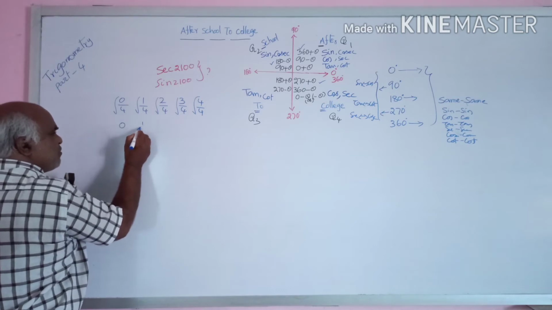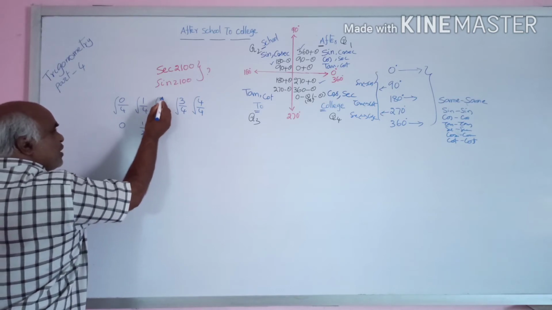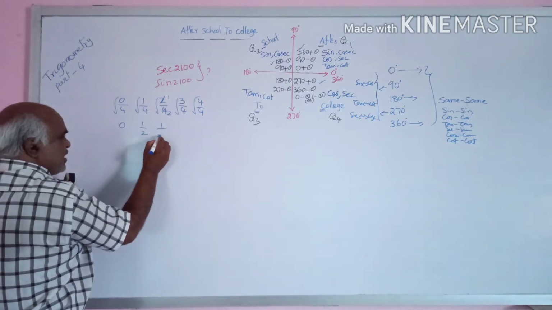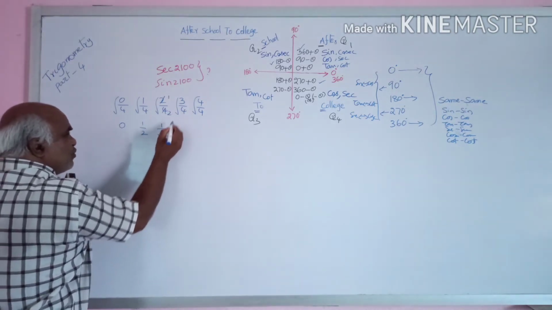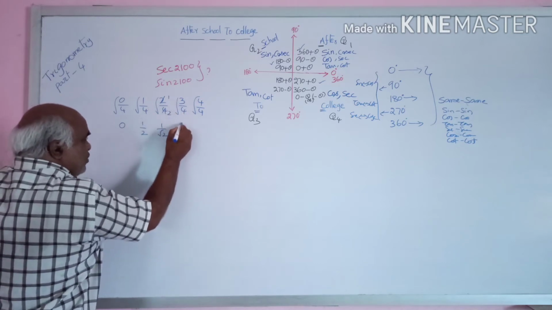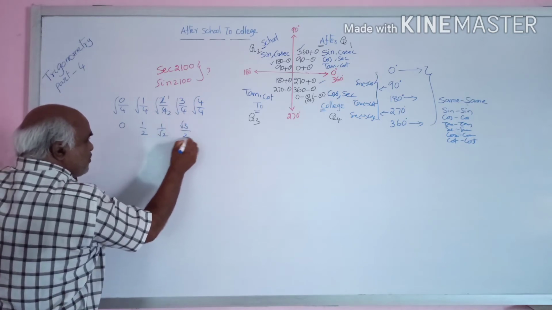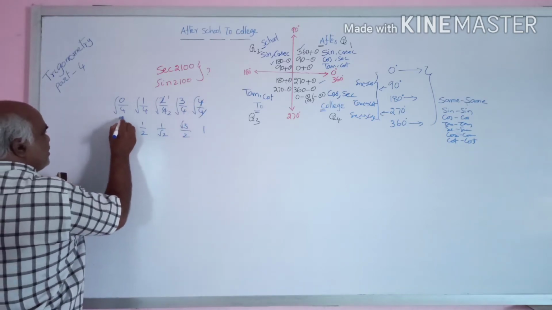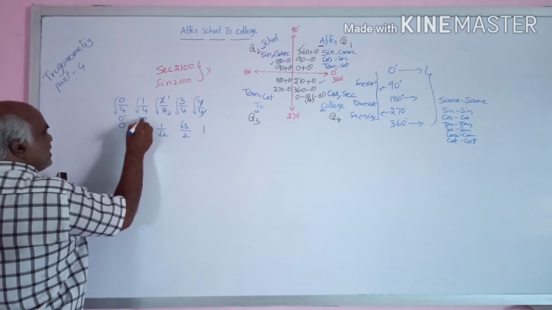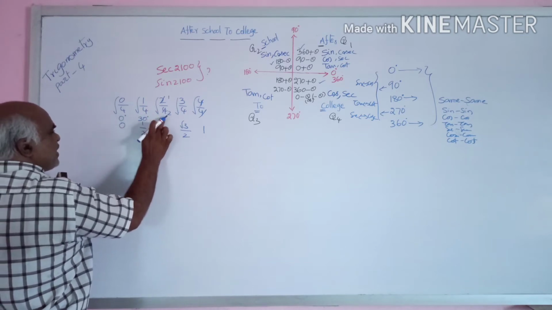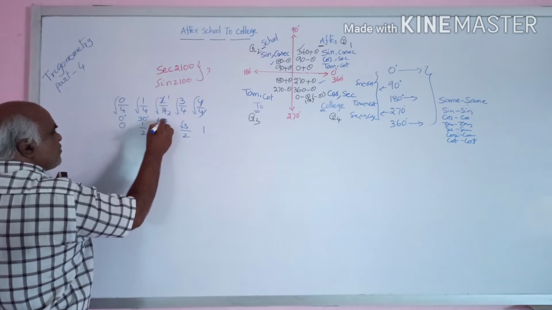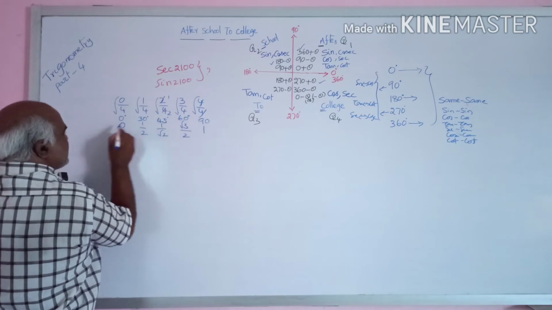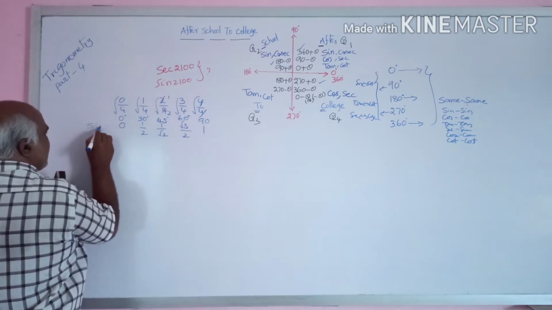Root 4 is 2, so 1 by 2. Root 2, 1 by root 2. Root 3. Root 4 is 2. This gives the values for 0, 30 degrees, 45 degrees, 60 degrees, 90 degrees. This is the first sine value.